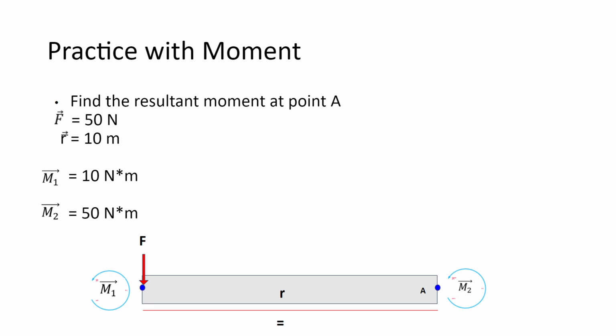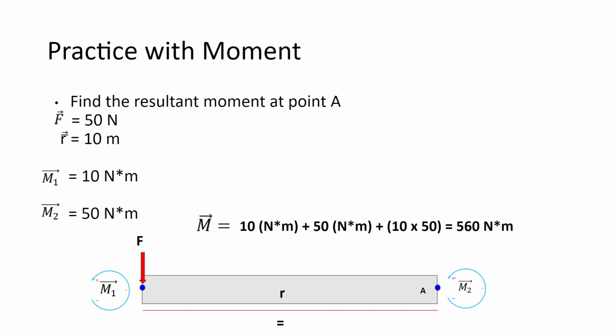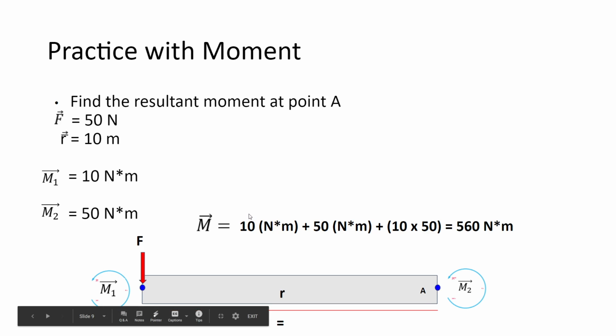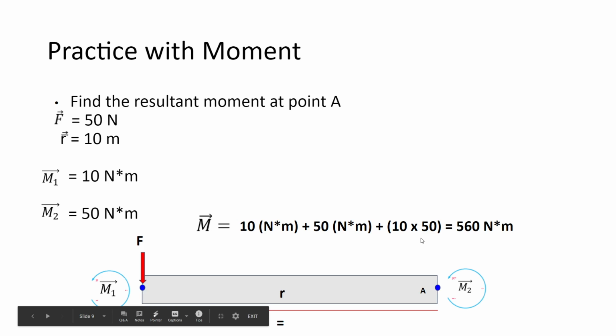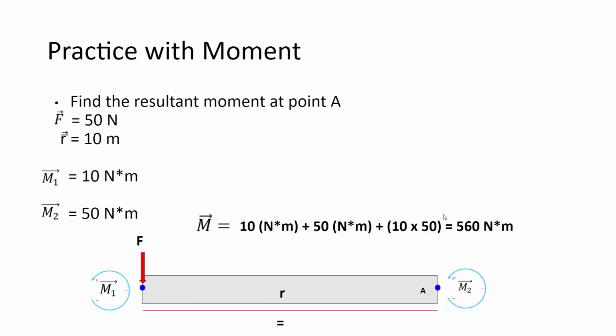All right, guys, welcome back. We're going to go ahead and look at the solution to this problem. So it's fairly straightforward. The resultant moment vector about point A is going to be equal to moment 1 plus moment 2, so 10 Newton meters plus 50 Newton meters, plus we have our radius vector and our force vector, and our cross product of the two, because they're perpendicular, is going to be 10 meters times 50 newtons, which is going to give us a total of 500 Newton meters.